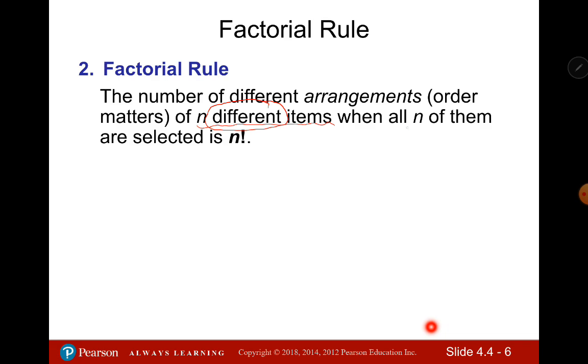And we want to select all of them and put them in order. How many possible different arrangements? All of them will be selected, and we have this formula: n factorial. This exclamation mark is called a factorial.